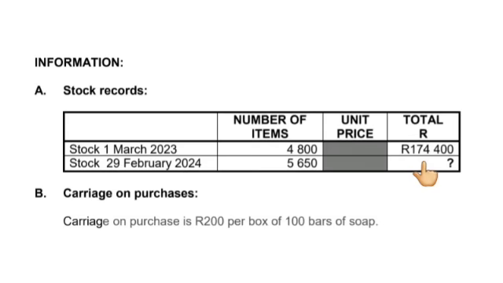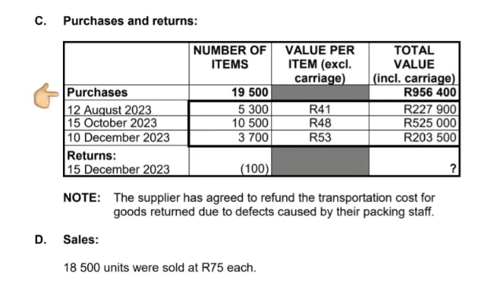And then we see that our closing stock is 5,650, but we will get to that later. Let's go and find our purchases. In the meantime, our purchases value is 956,400 and the number of units purchased in total is 19,500.